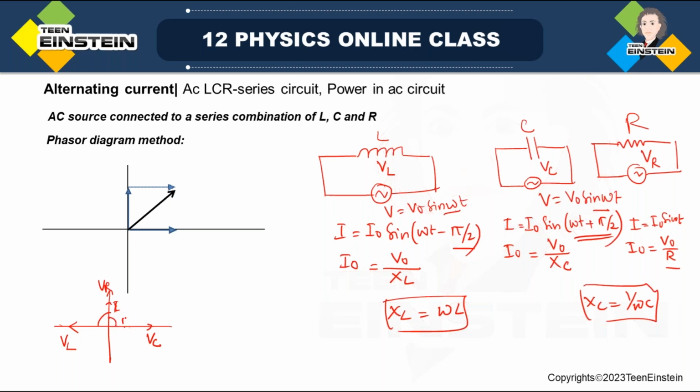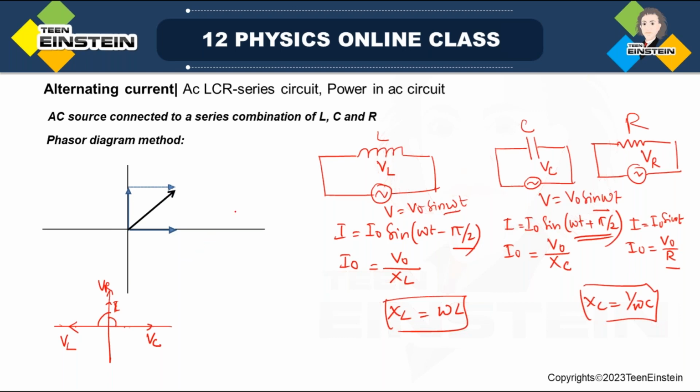So there is a pi by 2 phase difference here. And this is the current and this is the VL, so they also have a pi by 2 phase difference. So this is how we can draw the phasor diagram for all three components when they are separately connected to an AC source.